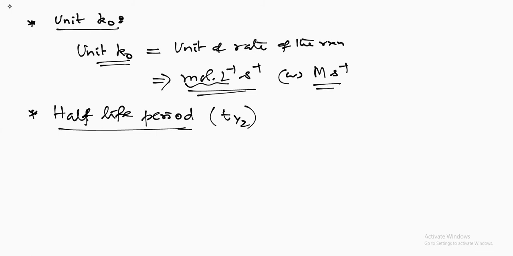Students, it is nothing but the time taken for 50% completion of a reaction. Say you start some reaction with some initial concentration, say 1 molarity, and carry out the reaction. If the concentration of reactant becomes 0.5, the time taken to reduce the concentration from initial to 0.5 is nothing but the half-life period of the reaction.